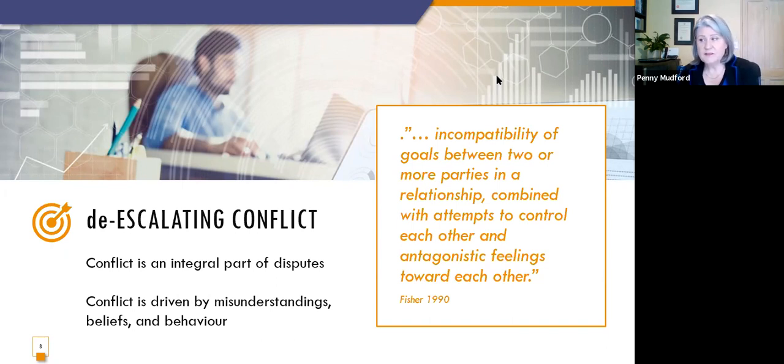So conflict is driven mostly by misunderstandings, by beliefs and by behaviours.